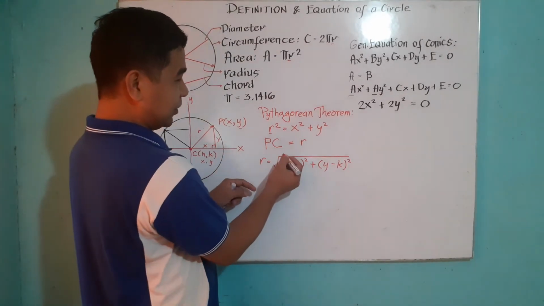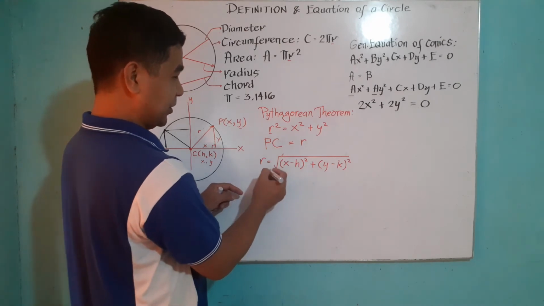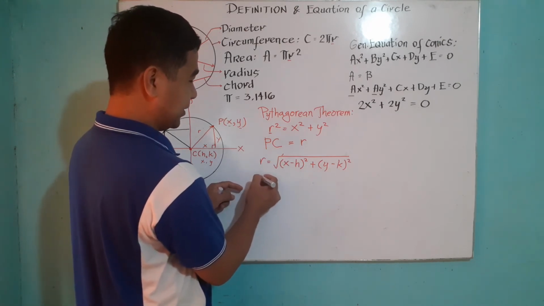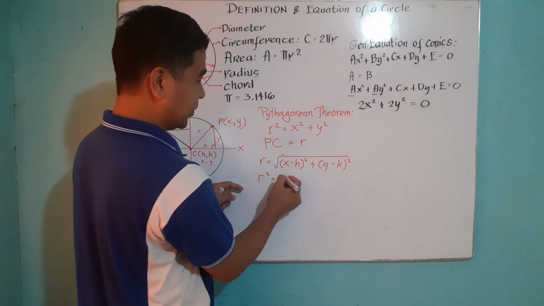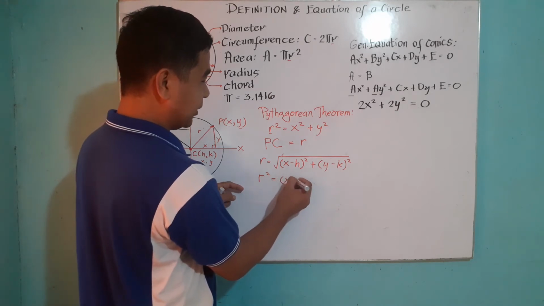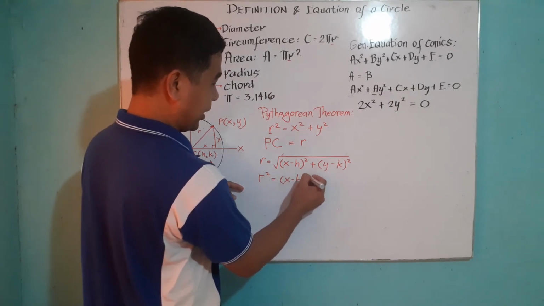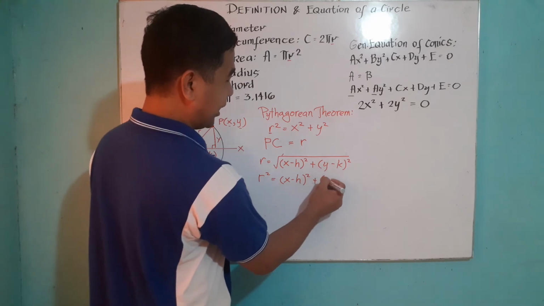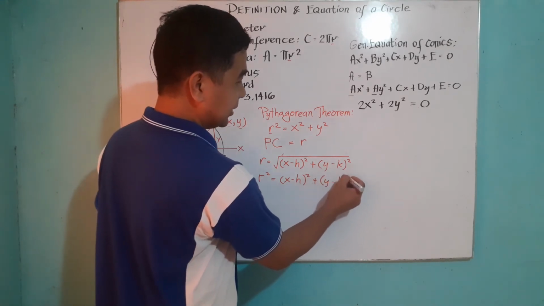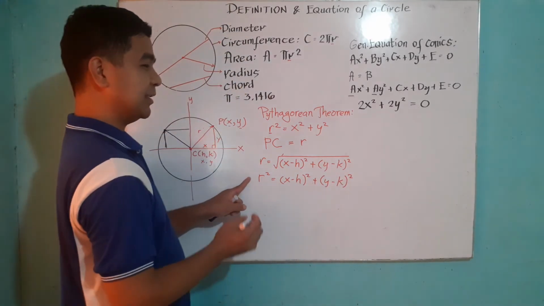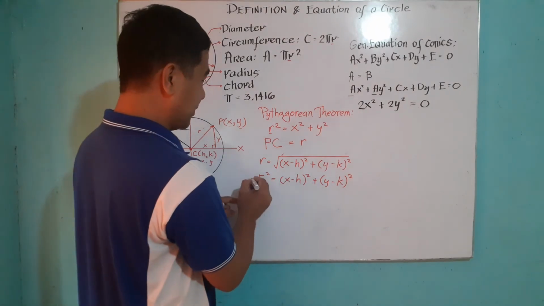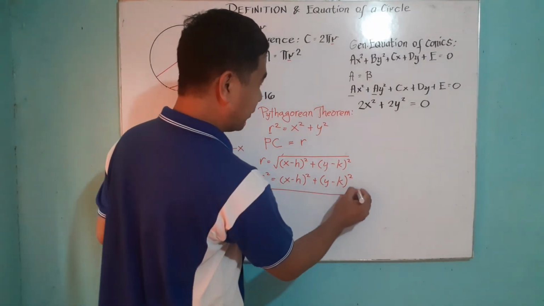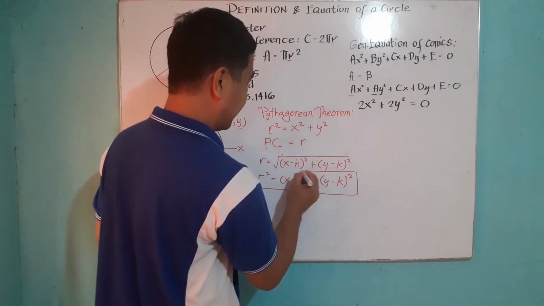If we delete this square root and transform it into the radius, we have r squared equals x minus h squared plus y minus k squared. Therefore, this is the standard equation of a circle at point h and k.